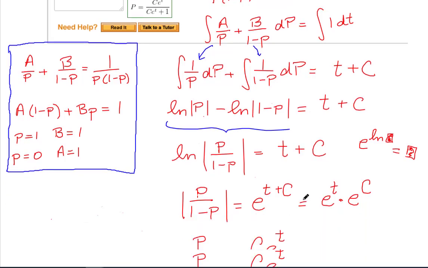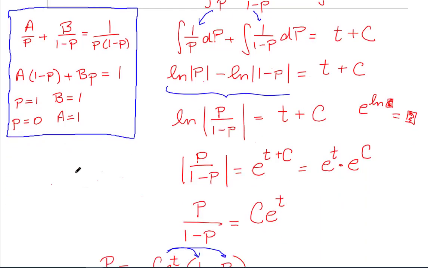At that point, we need a property of logs that you might have forgotten, and that is ln of m minus the ln of n is ln of m divided by n.